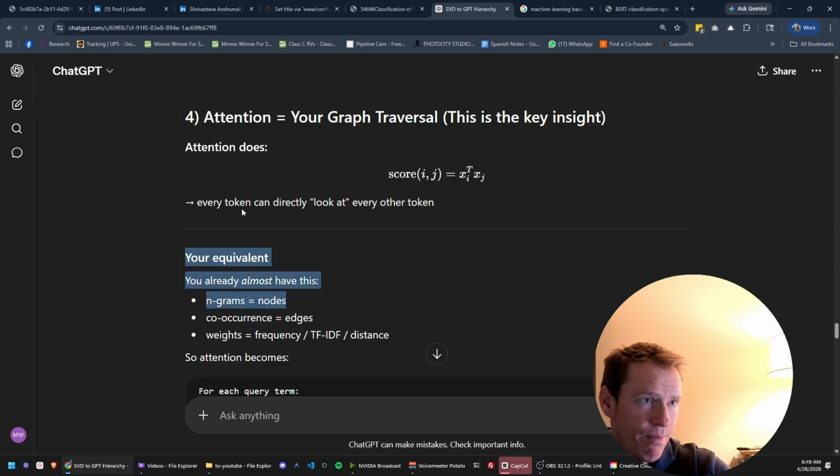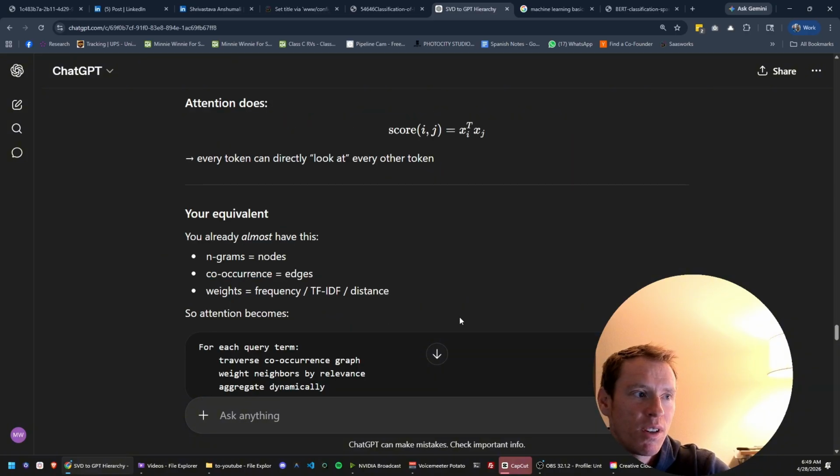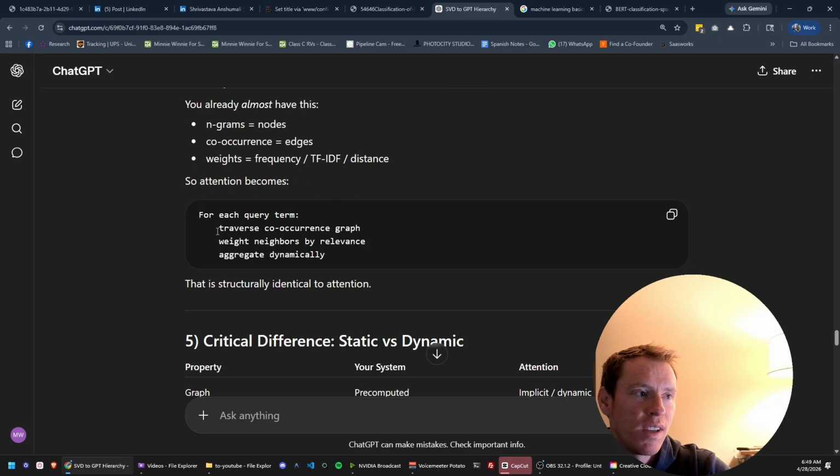So basically it says that you almost already have attention just by way of doing n-grams, co-occurrence, weights, frequency, and it's saying that for each query term, traverse the co-occurrence graph. So that means if the word bear co-occurs with hiking, I also explored topics where you could explode out the word bear.